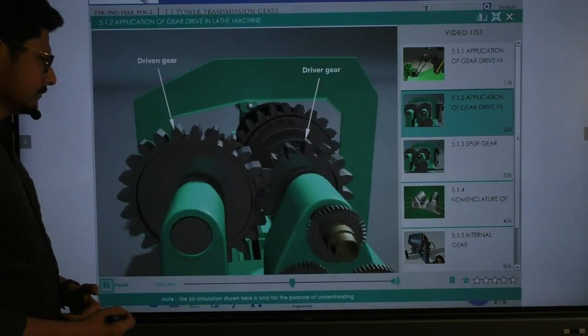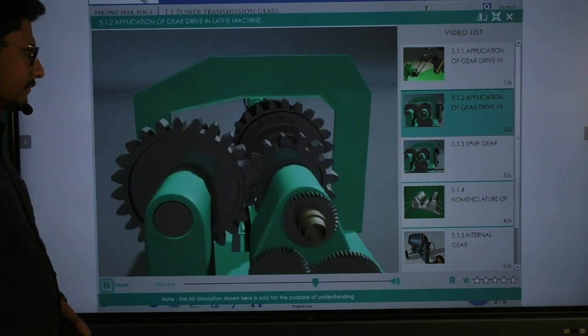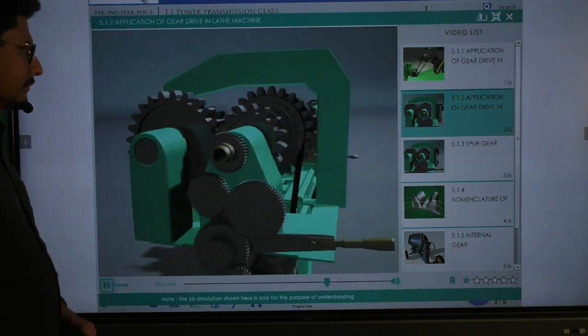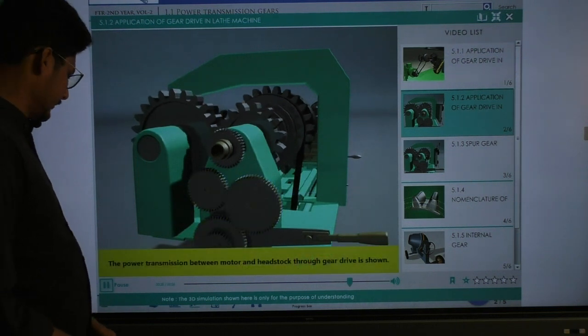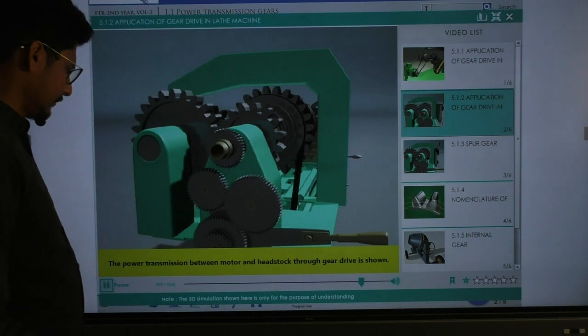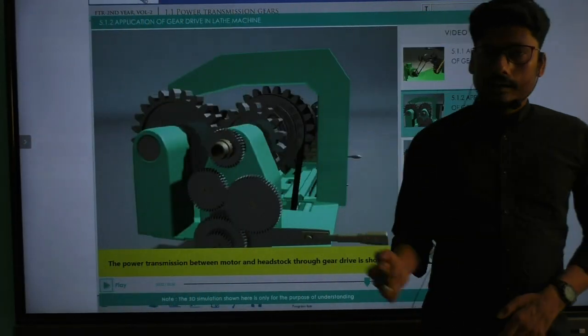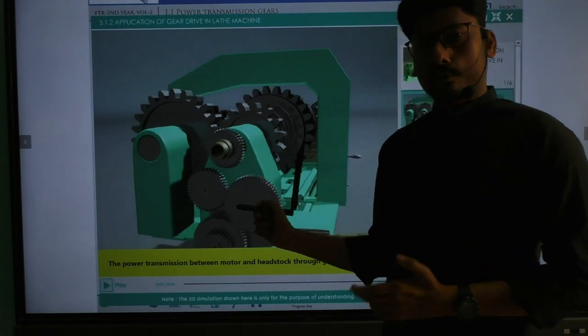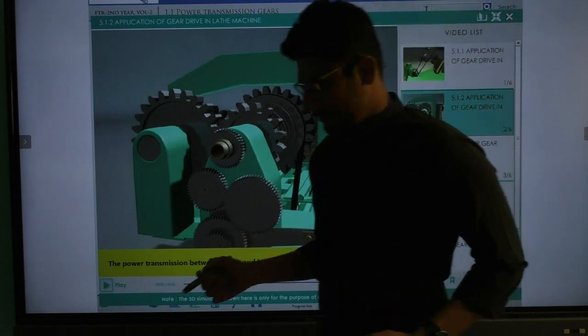A driver gear, a driven gear, tumbler gear mechanism, the power transmission between motor and headstock. You can see that in the lathe machine we are using these gears to transmit power from the electric motor to the headstock.